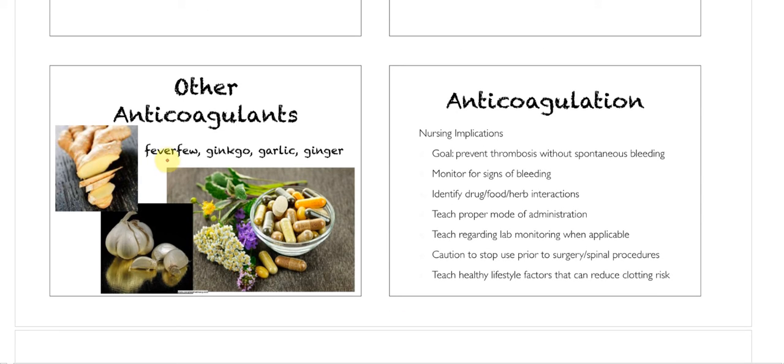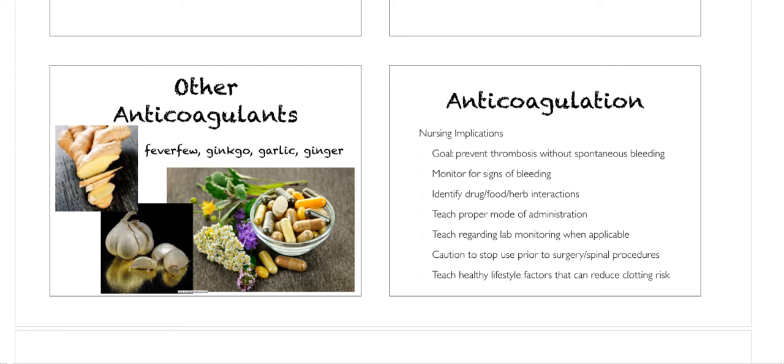So we have also some natural anticoagulants. I don't know exactly how effective these are, but we have feverfew, ginkgo, garlic, ginger. So if we have a patient, and this is where we're going into lifestyle factors, drug and food herb interactions.